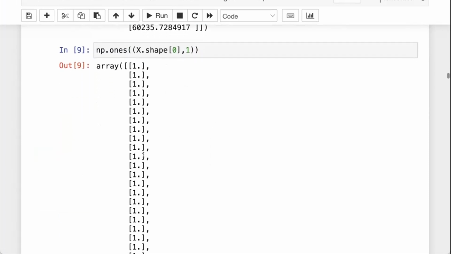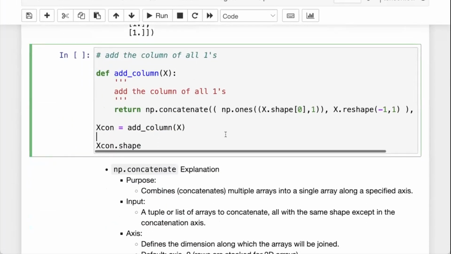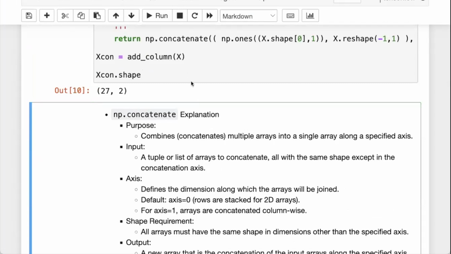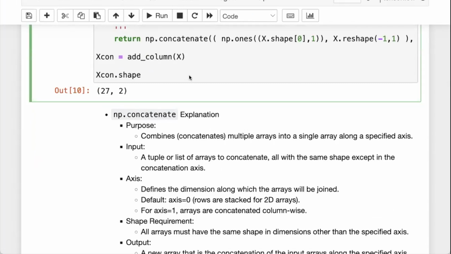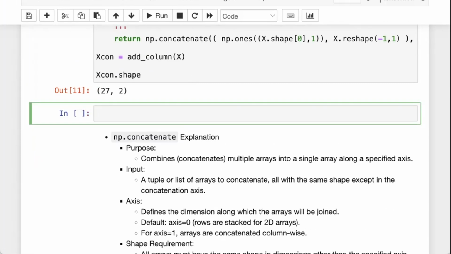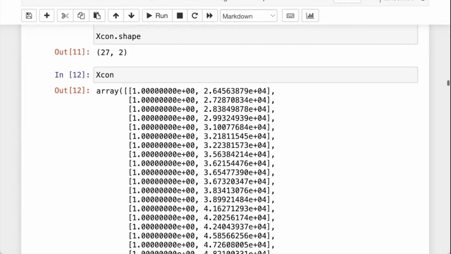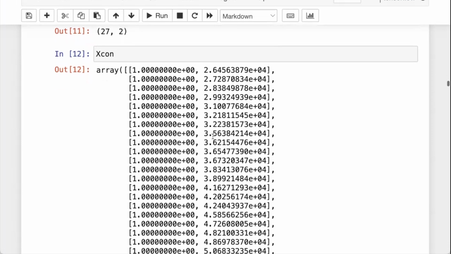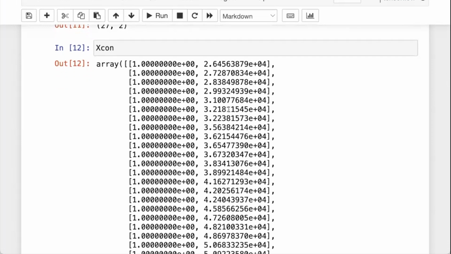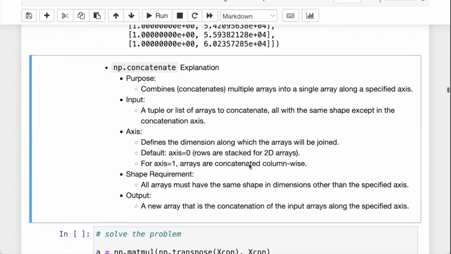So you can see that that's the vector of all ones. If we run this and add these columns, you can see that this X concatenated has exactly the same format as what we discussed. It is n by 2, where n is here 27, and the first column is all ones, and the second column are the GDP values.